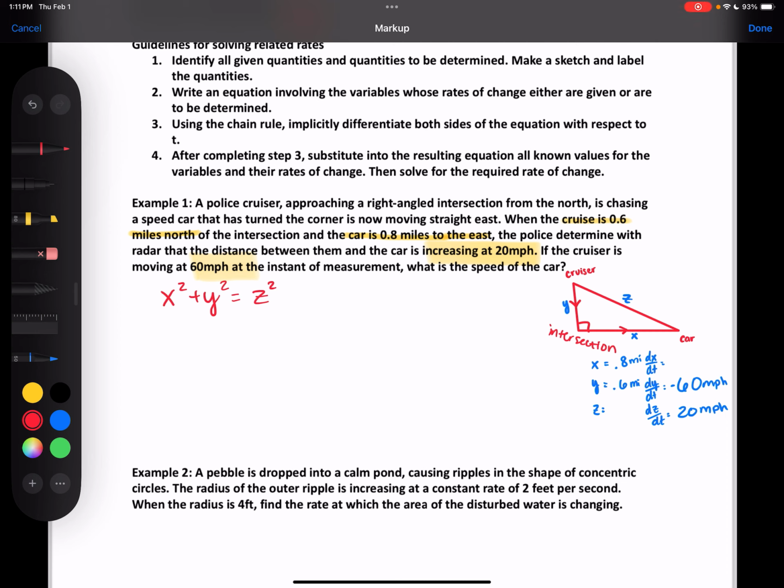We need to take the derivative. Okay, everything is with respect to t, so it's implicit on everything. So the derivative is going to be 2x dx/dt plus 2y dy/dt is equal to 2z dz/dt.